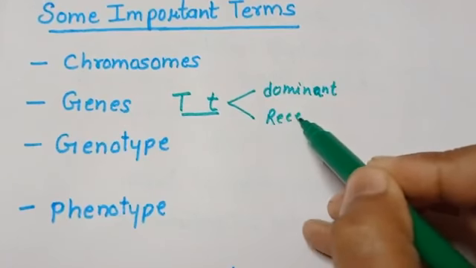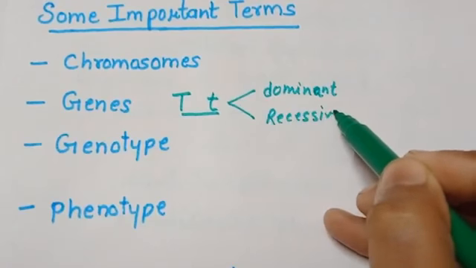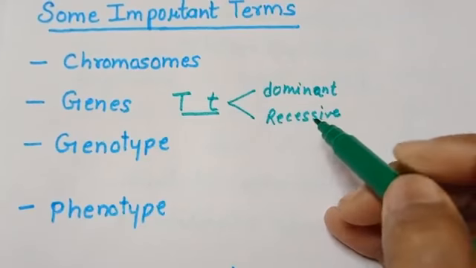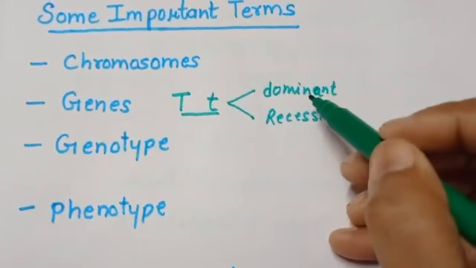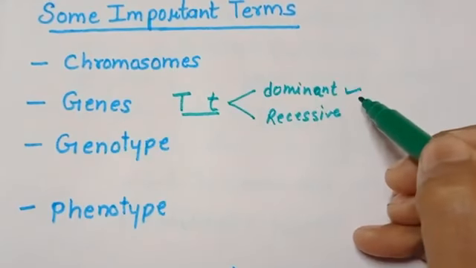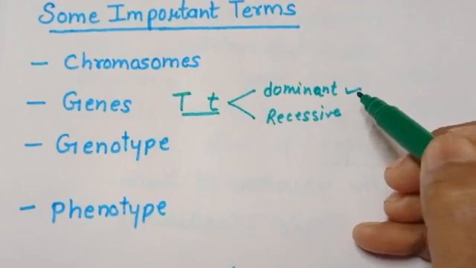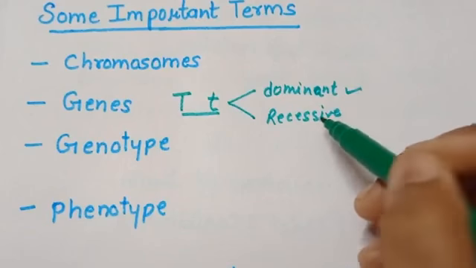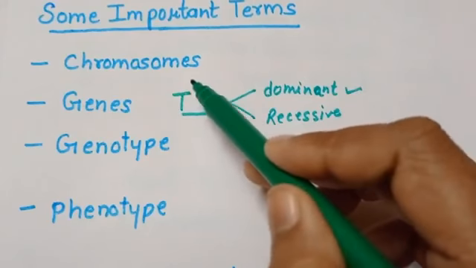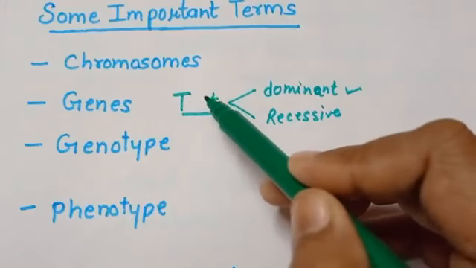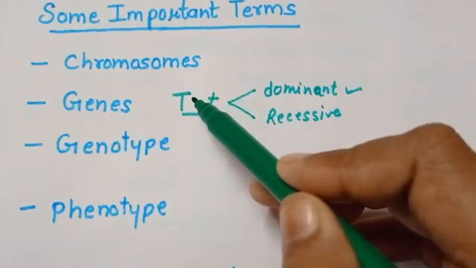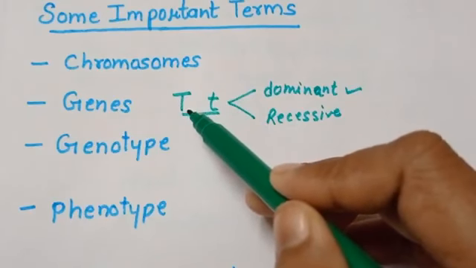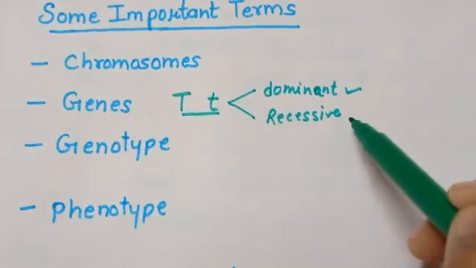We have studied about them in the previous lecture as well. A dominant gene is the one which decides the appearance of an organism irrespective of the presence of the alternate gene. This dominant gene will decide the appearance of the organism, and it is not dependent on the other gene.